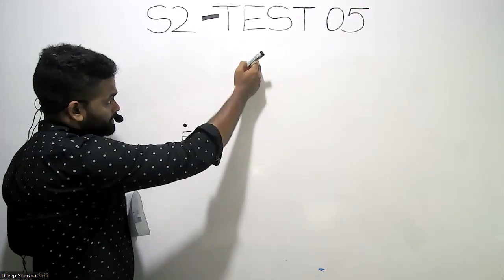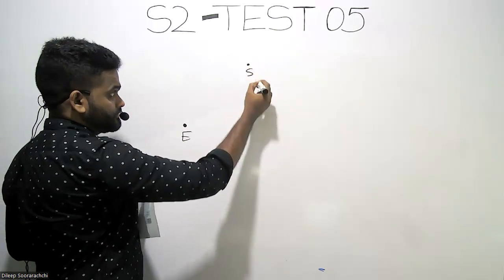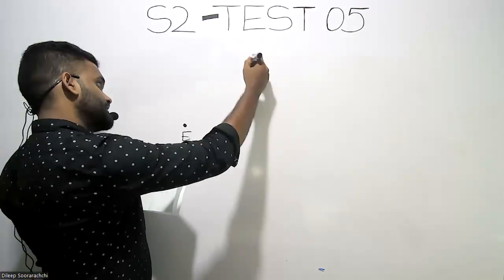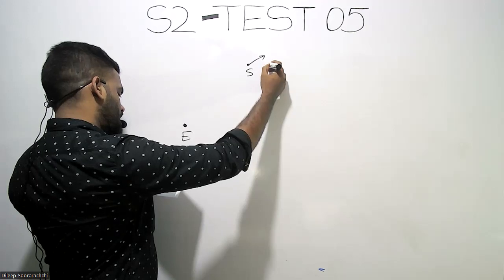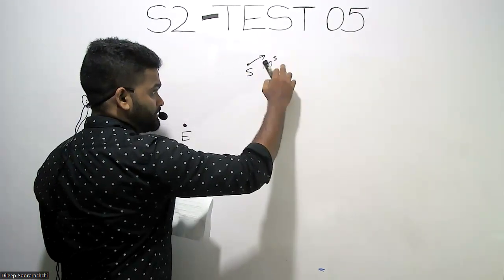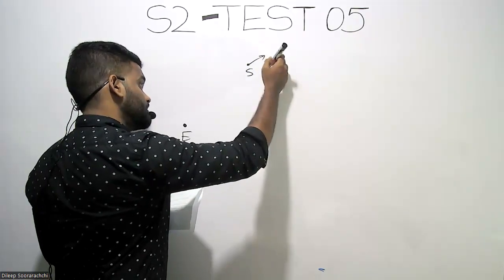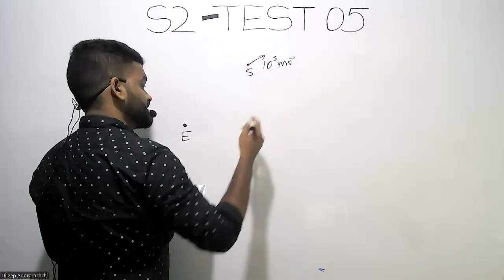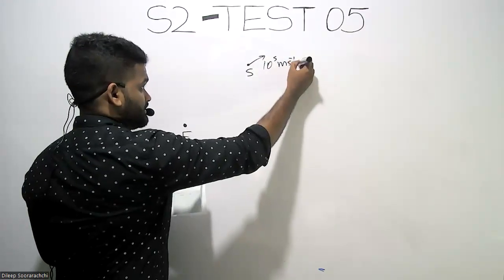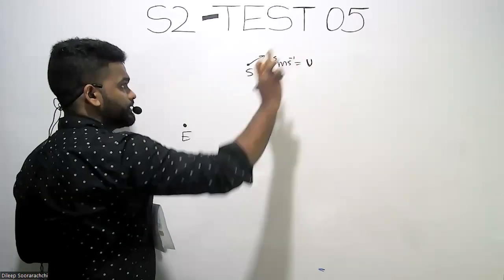Earth is receiving light from the star, and the star is moving away at 100 kilometers per second. Kilo means 10 to the power 3 times 10 to the power 2, that should be 10 to the power 5 meters per second. Let's say that velocity is simply v, moving away from the earth.